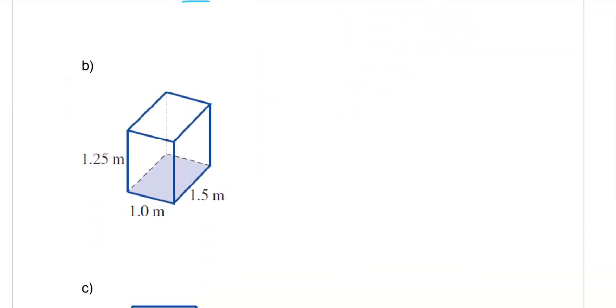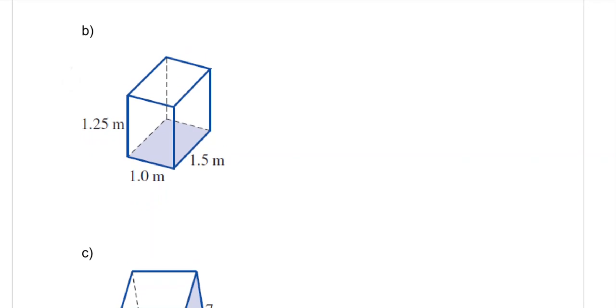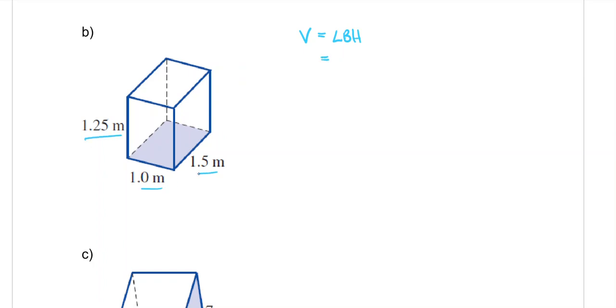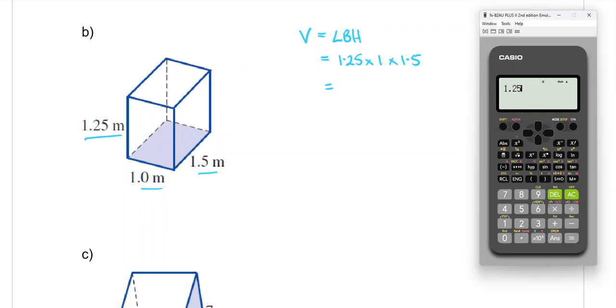Let's do that again for question B. Okay, first thing I need to do is find the volume of the rectangular prism by doing V equals LBH. Times the measurements together, L, B, and H will be 1.25 times 1.0 times 1.5. And you're welcome to use your calculator.